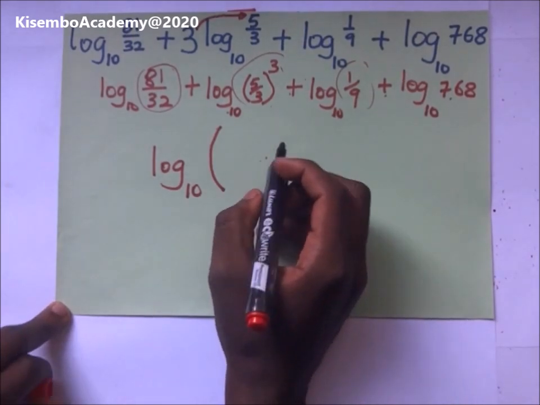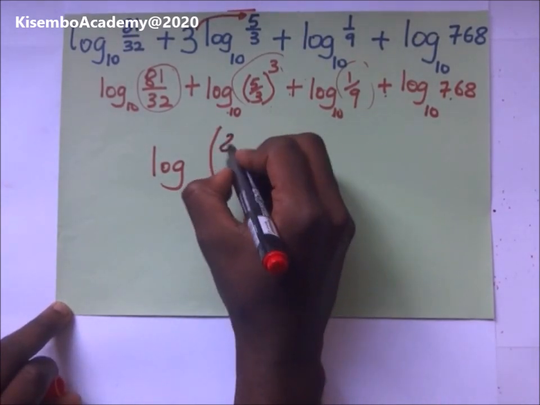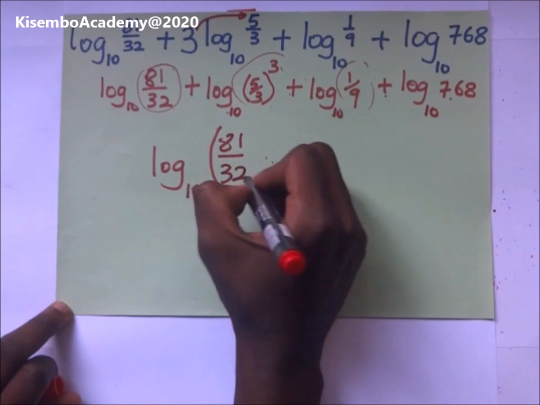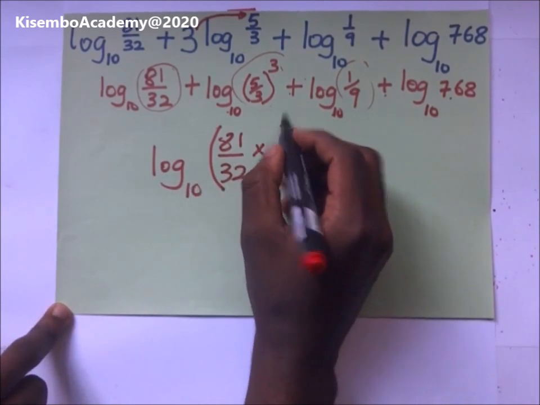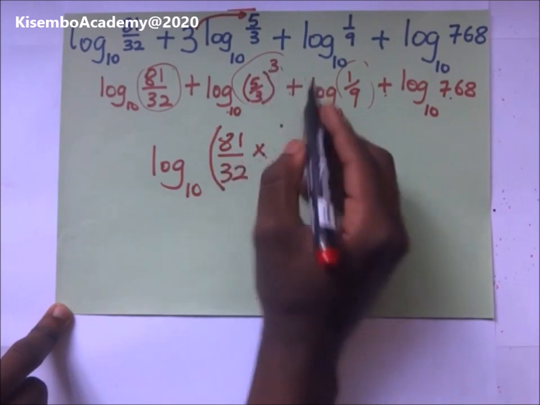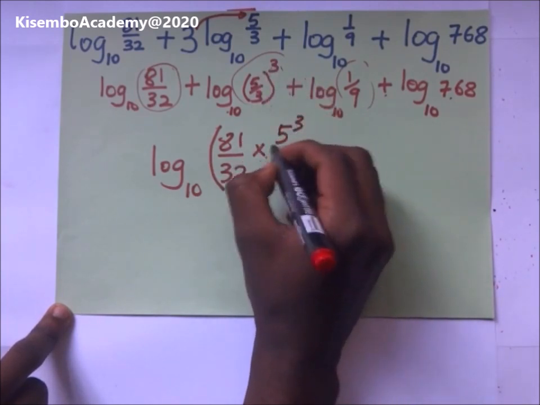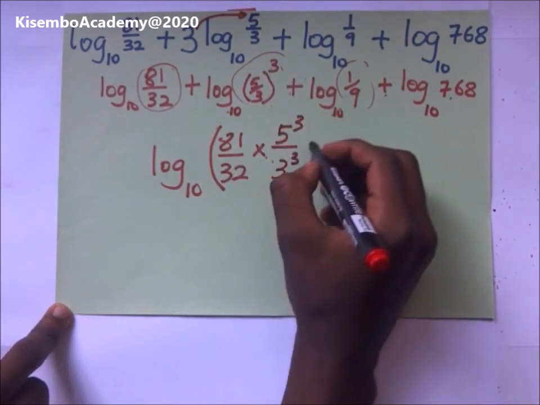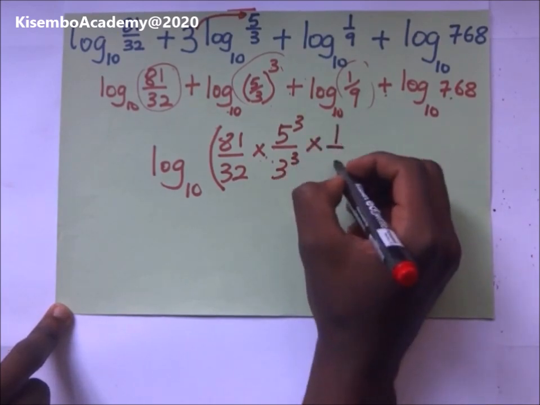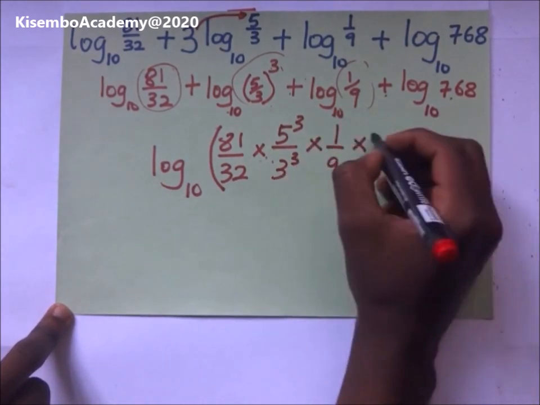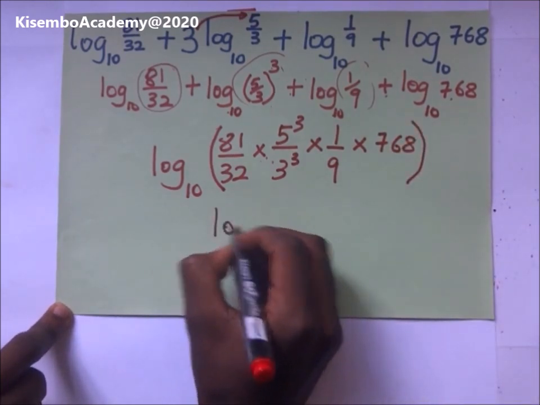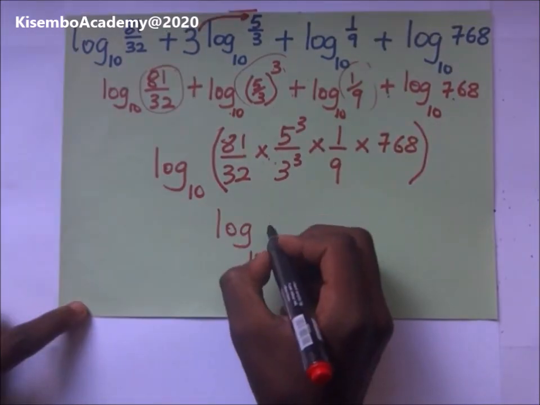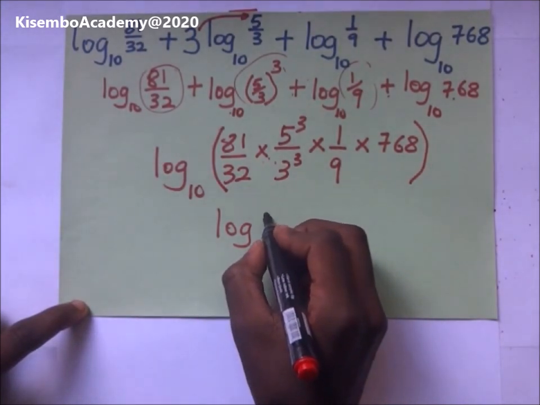So it's going to become 81 over 32, multiply that by 5 over 3 cubed, which is the same as 5 cubed over 3 cubed, multiply that by 1 over 9, multiply that by 768, and definitely our answer here is 1000.